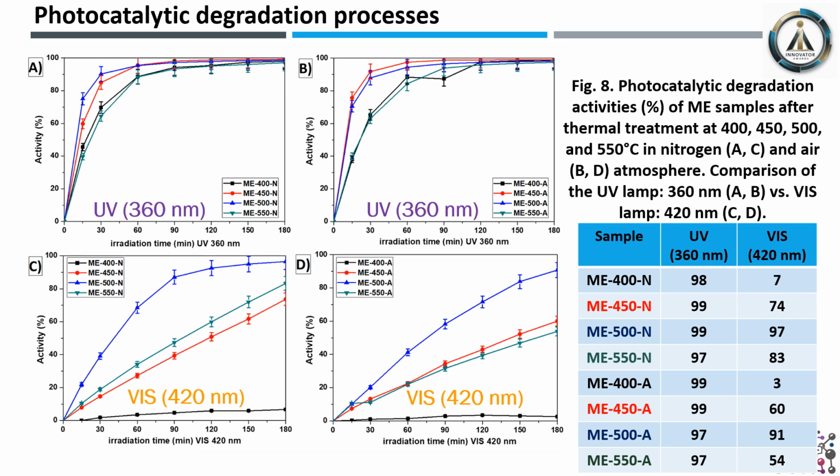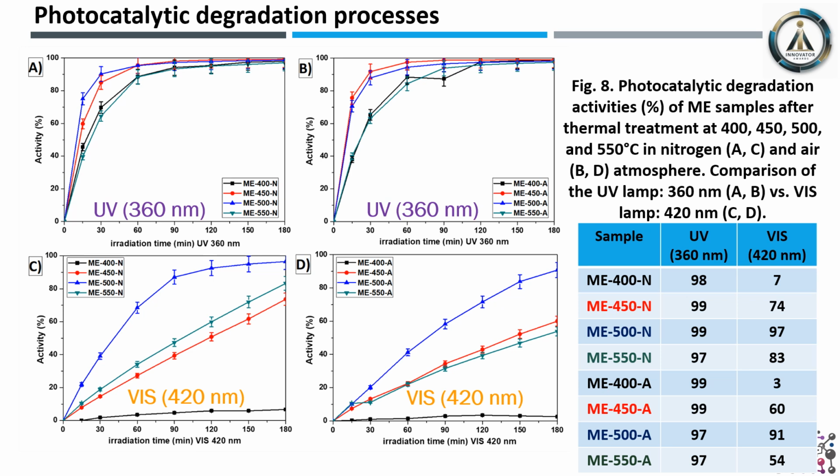The sample that was heat treated at 500 degrees in air, that represent melon, demonstrated 10% and 91% of the initial photodegradation activity after 15 minutes and 180 minutes of irradiation under visible light respectively.